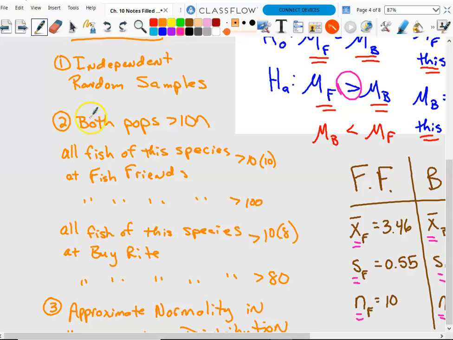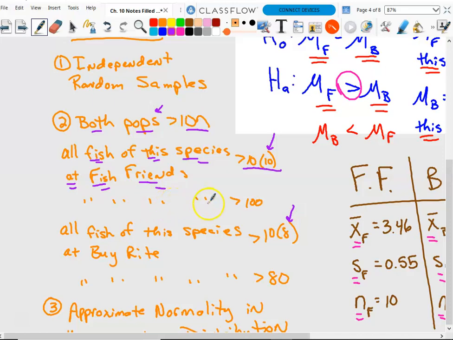Moving on, I got to check that both populations, being a little lazy here, are more than 10n. All fish of this species at Fish Friends, because I got two populations that I got to talk about, is more than 10n. And because my samples were different, I got to be a little bit careful.